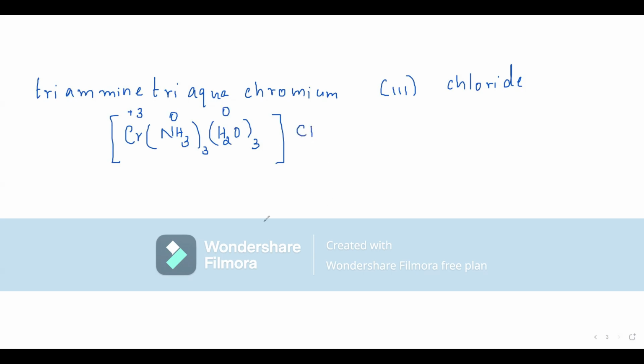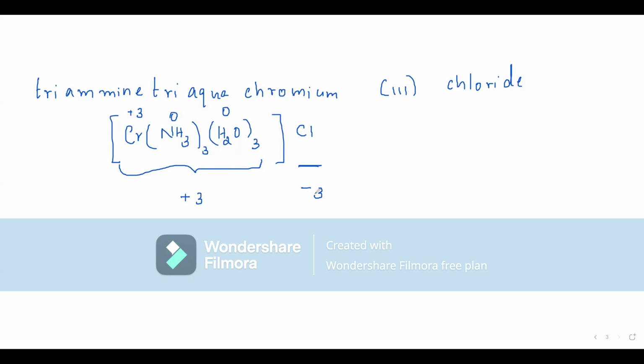The counter ion is Cl. Now, what's the net charge inside the square bracket, inside that coordination sphere? The charge is plus 3, which means the charge outside has to be minus 3. But I have only 1 Cl, and 1 Cl can give us only a minus 1 charge, isn't it?